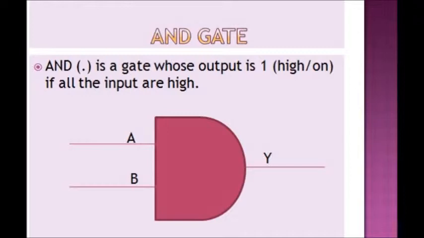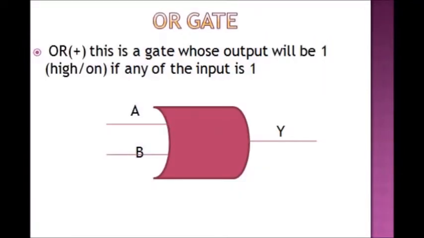Having said this, let's check on what an OR gate is, which is the next gate. An OR gate is a gate whose output will be 1, that is, high, if any, in this case either A or B, if any of the inputs is actually high.